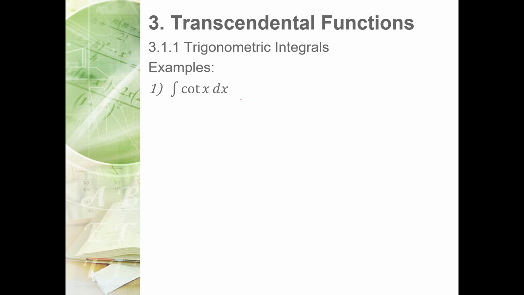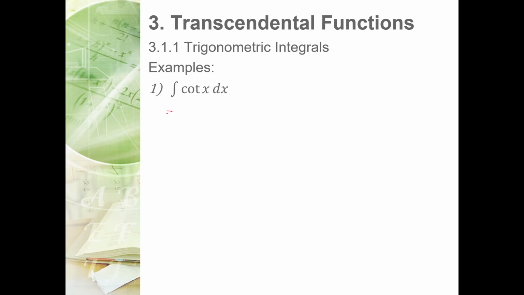You might as well know that the integral of cotangent x dx is already a given formula. Now let's say you forget the formula for this particular function. There's another way to solve this one, and that's by using u sub. How do you use u sub? Again, the answer for this one is ln something, if you recall from the previous slides.